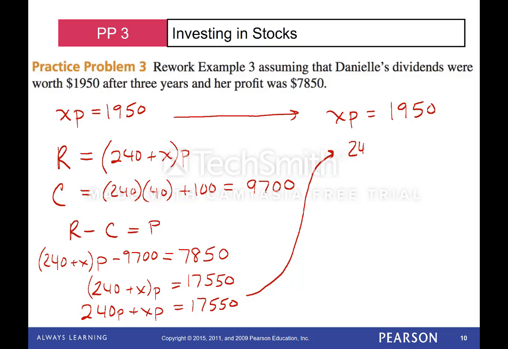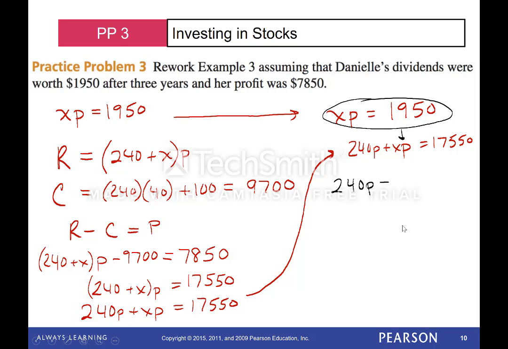Second equation is technically the profits that she received all the way around. And we're going to solve it by noticing, hey, there's an XP multiplication in the first equation, there's an XP multiplication in the second. So let's substitute. Let's substitute this little XP into the XP that's in the second equation here.